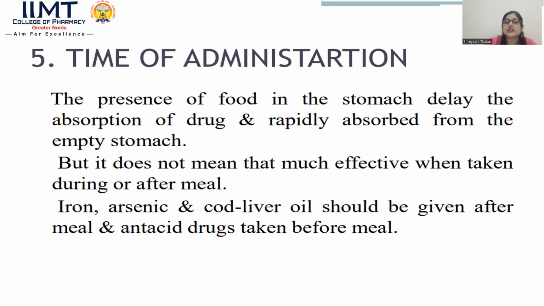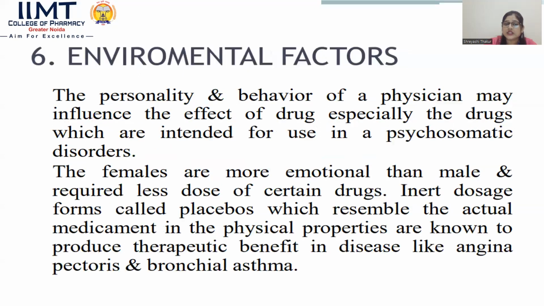The presence of food in the stomach delays the absorption of drugs, and they are absorbed rapidly from an empty stomach. But it does not mean they are more effective when taken during or after a meal. For example, iron, arsenic, and cod liver oil should be given after the meal, and antacid drugs are taken before the meal.